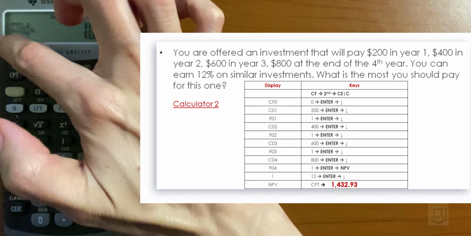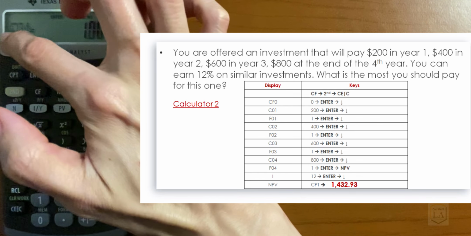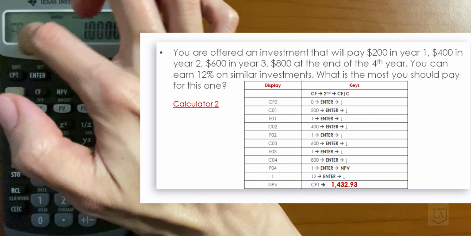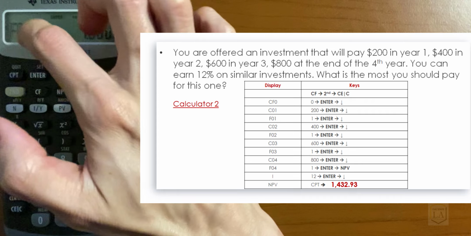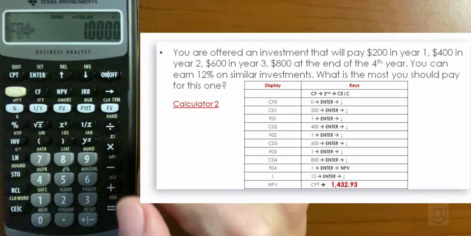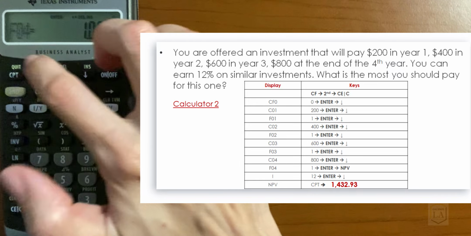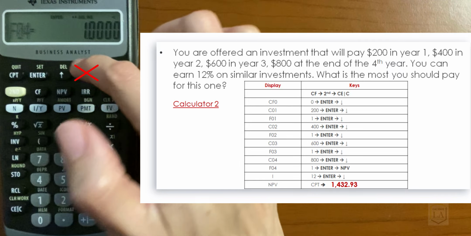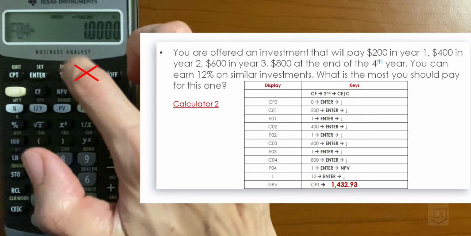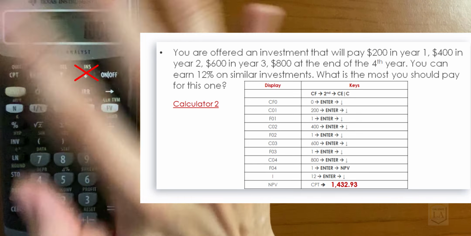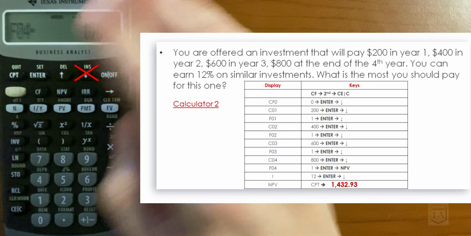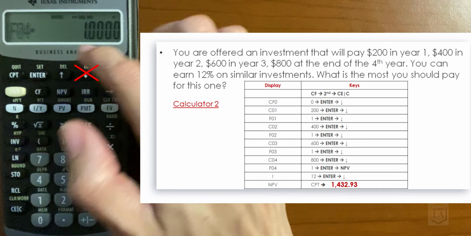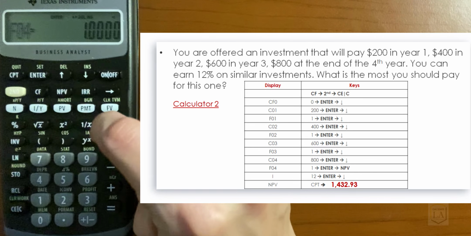So whatever number you have, the terminal value should be equal to the number of periods you have. So you only have 4 periods, so that should be the last variable. Once you're done, you enter, and then no need to push the down arrow key anymore because you're done. Down arrow is only pushed when you have more things to input. So you're done with the cash flow input.